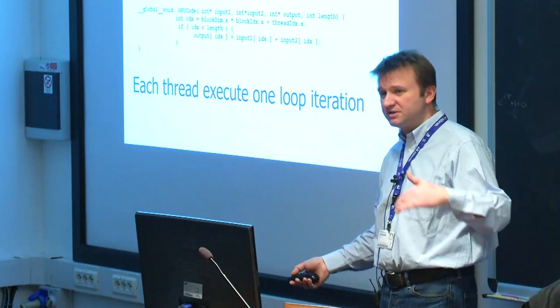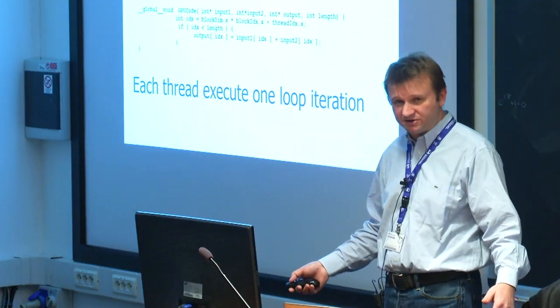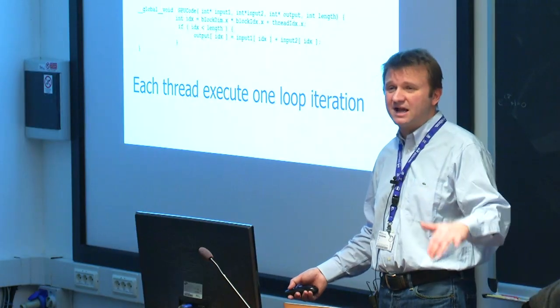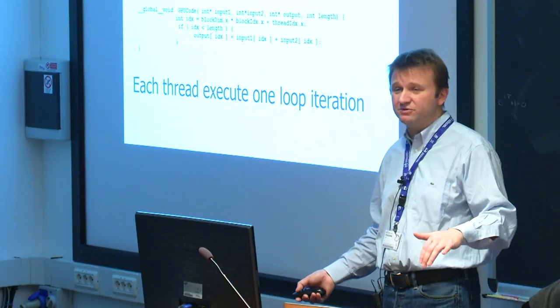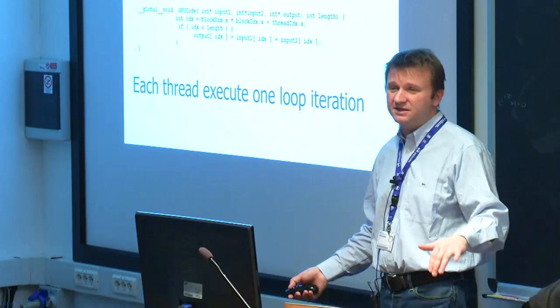If you remember, we said the cores are not independent. They need to execute the same instruction, and the smallest number of instructions that can be executed independently is 16.